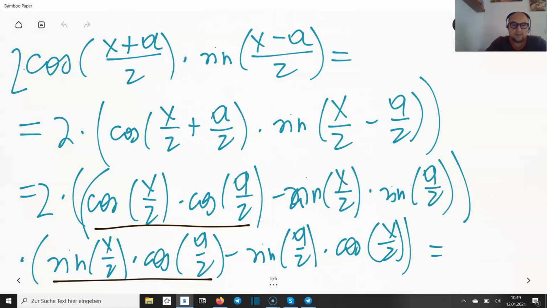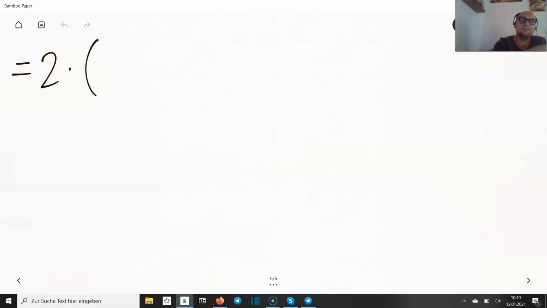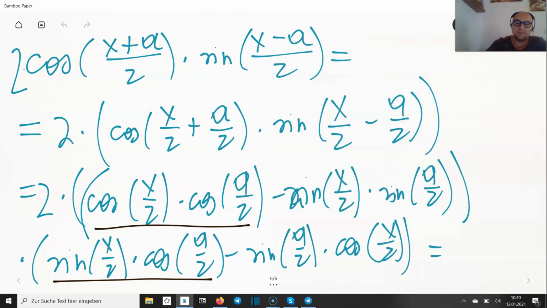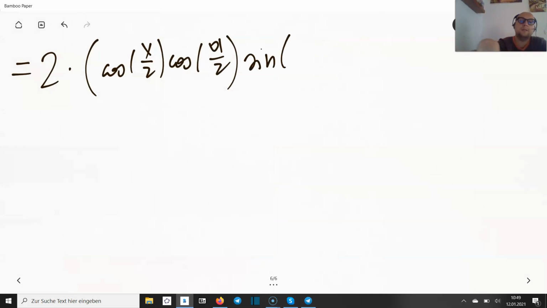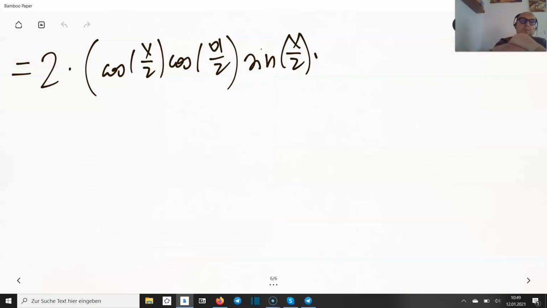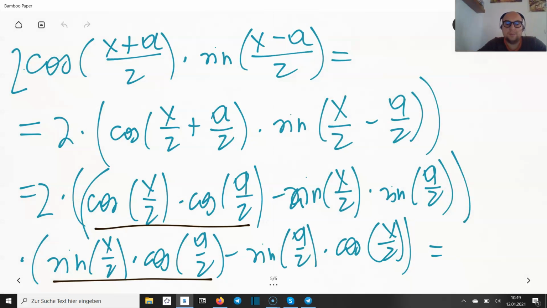So we have cosine x divided by 2 cosine a divided by 2, times sine of x divided by 2, and times cosine of a divided by 2 again, which brings it to square. All right. So that's the first multiplication, right? Those two terms are same. That's why I'm taking a square. All right. What is happening here?